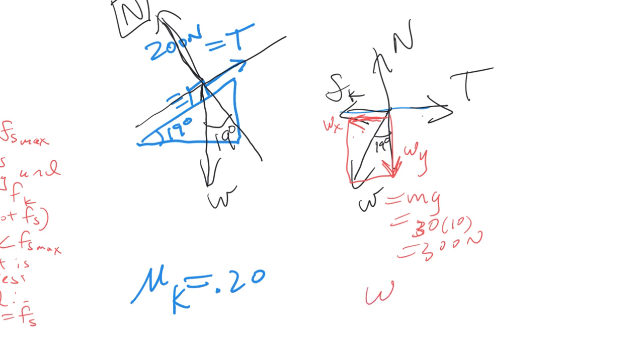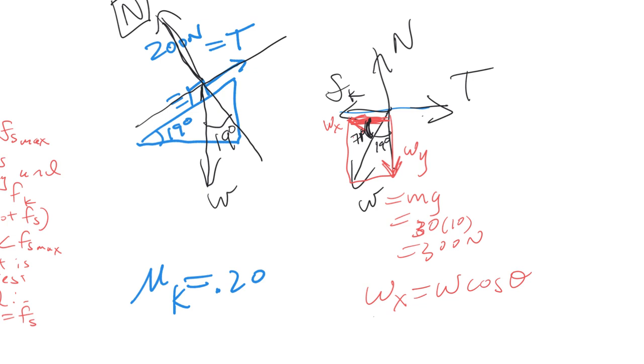Okay, so Wx, the part of the weight that's dragging it back down the ramp, is equal to W cosine of theta. But remember, you gotta use the angle from the x-axis, which is, see, 90 minus 20, which is 71 degrees.